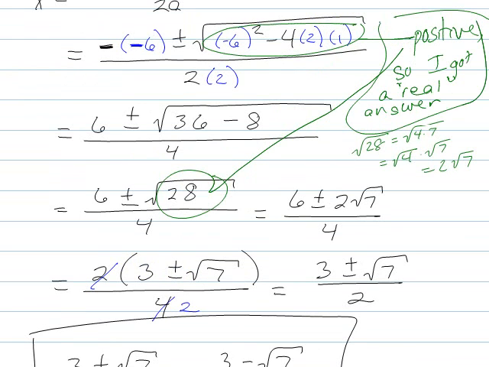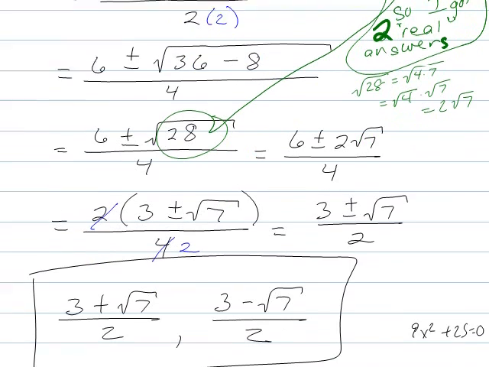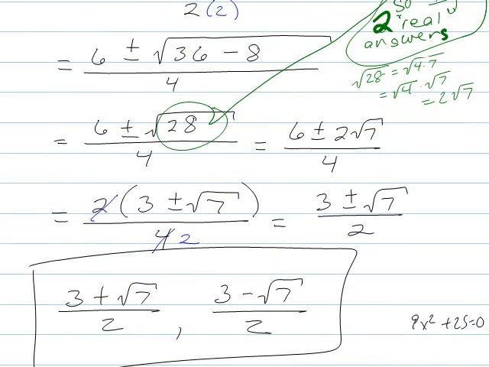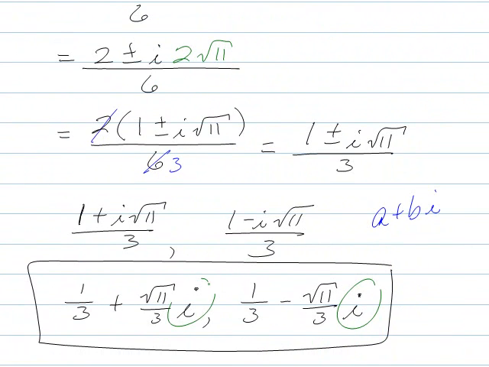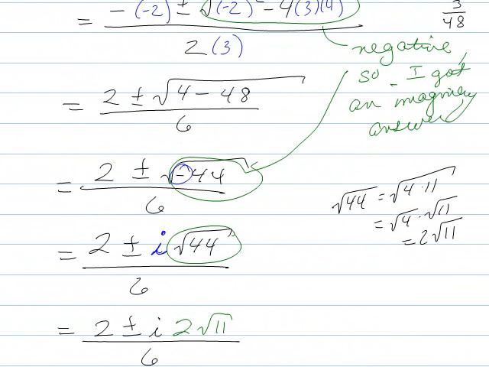Not only did I get a real answer, I got two real answers: 3 plus root 7 over 2 and 3 minus root 7 over 2. Here, I didn't just get an imaginary answer, I got two imaginary answers.